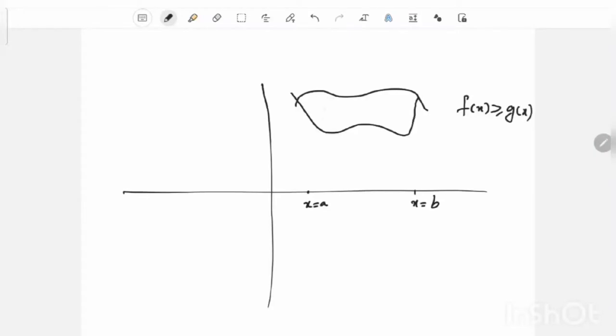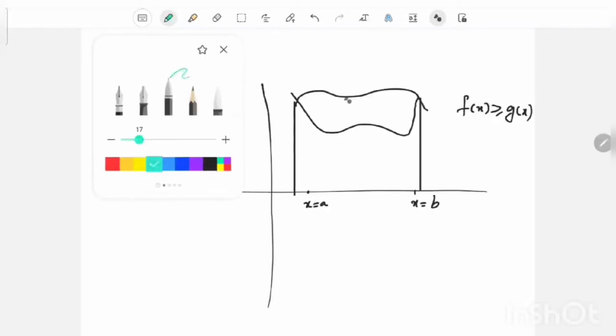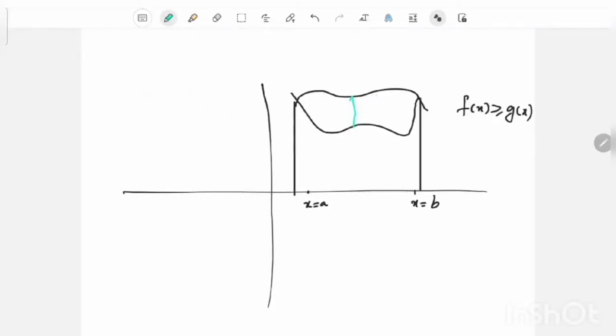Then the area between these two graphs, between x equals a and x equals b, is given by integral a to b f of x minus g of x dx.